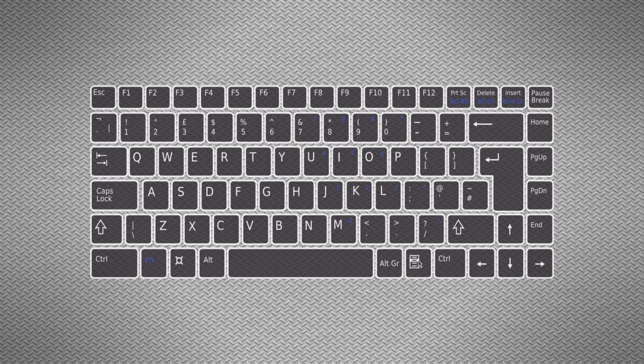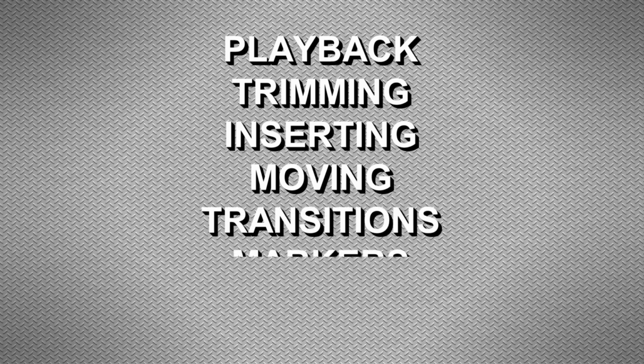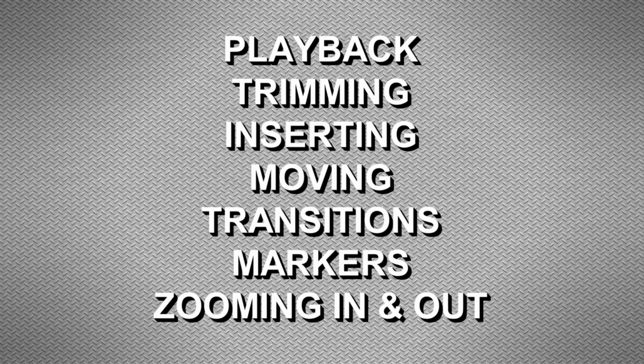Again, you don't have to use this keyboard layout as I use, but just take the idea and these areas and things that we are actually doing when we are editing. So again, playback, trimming, inserting clips, moving around the timeline, zooming in and out, those are the basic things that you do all the time, and you should have it really under your fingers.